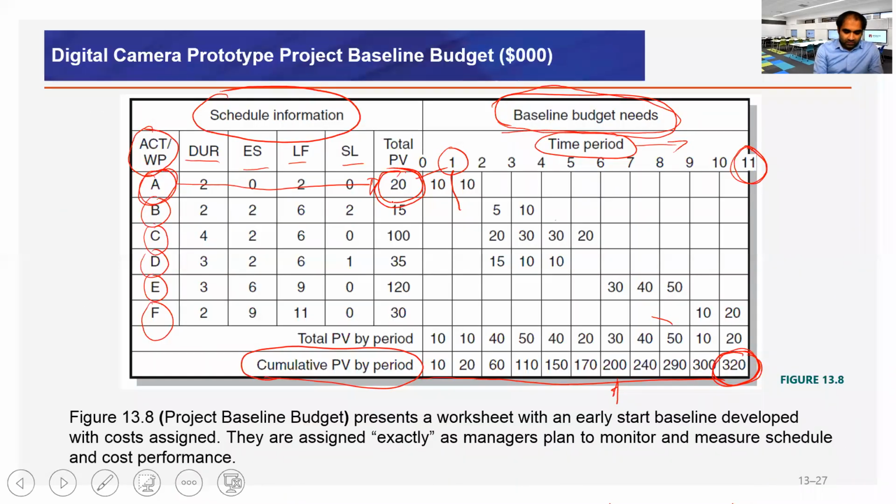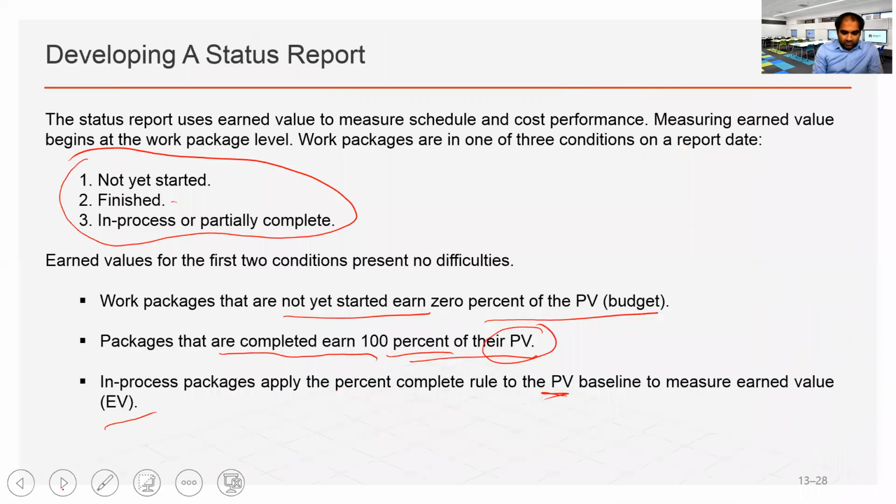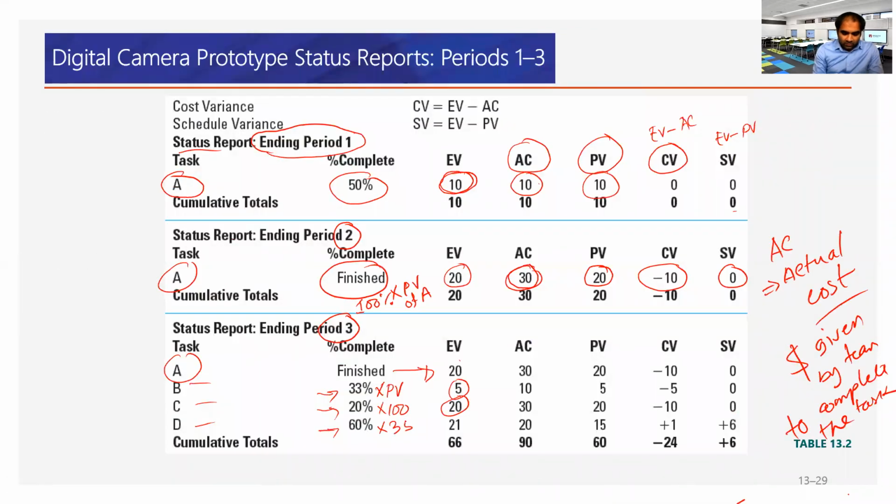PV was 15, 35, 15, 100, 35 for B, C, D. So 33% times 15, this is 5. 20% times 100, this is 20. 60% times 35, this is 21.